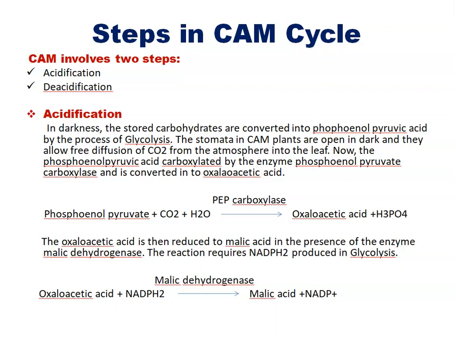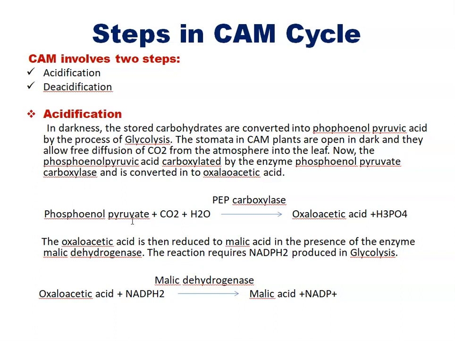In the first step, that is acidification, stored carbohydrates in darkness are converted into phosphoenol pyruvic acid by the process of glycolysis.